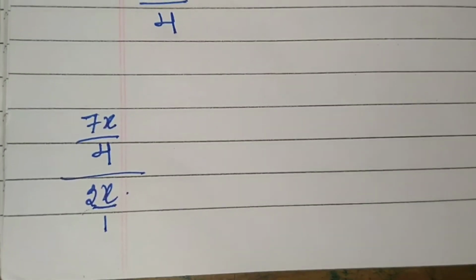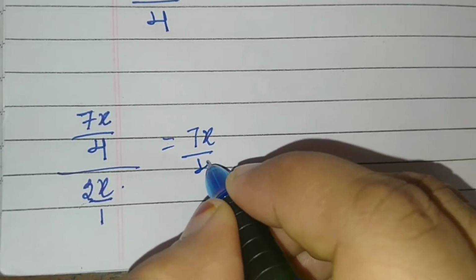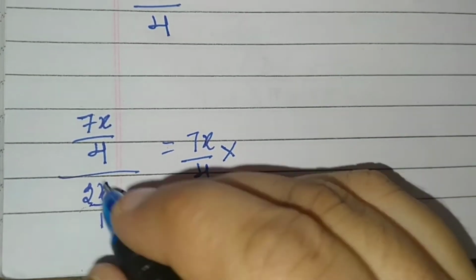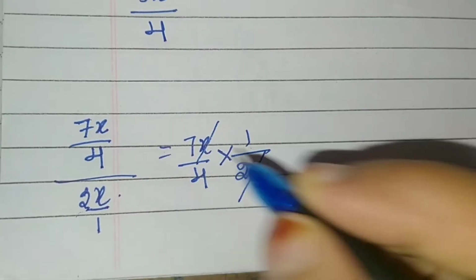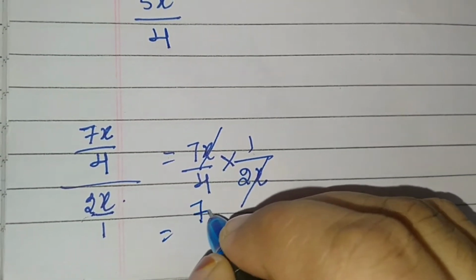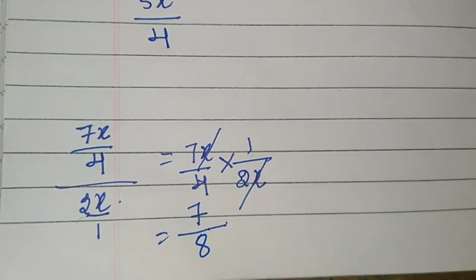Okay, so now I told you here, nothing is there means you have to consider it as 1. So when it will go up, 7x by 4 is there, right? Into when it will go up, 1 divided by 2x. x and x will get cancelled. What is remaining? 7 divided by 4 2s are 8.